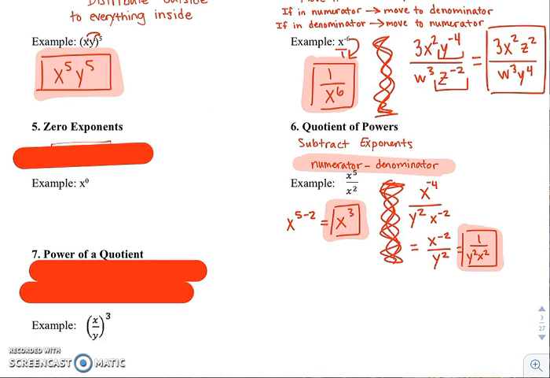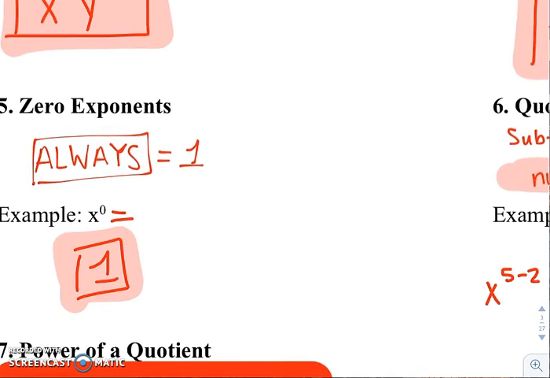Okay, so zero exponents. If you ever have anything to the zero power, it always equals 1, no matter what. It could be 500,033,810, so the zero power is going to equal 1. You can even type it in your calculator to try it out. But what happens if you think about the quotient rule we just did? Say we had n to the 6th over n to the 6th.